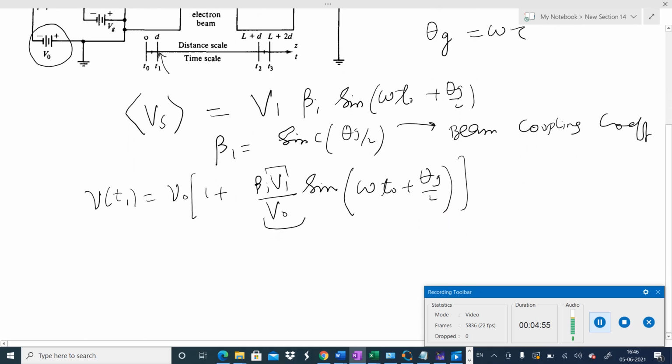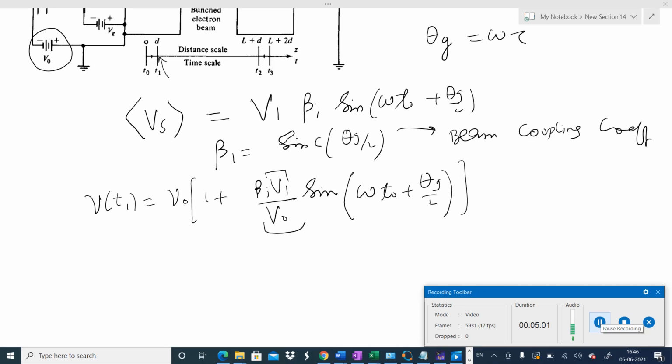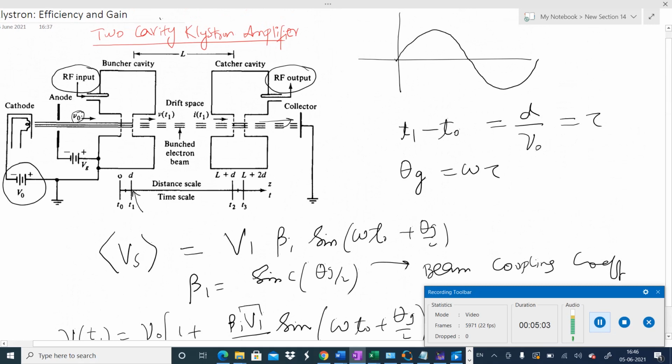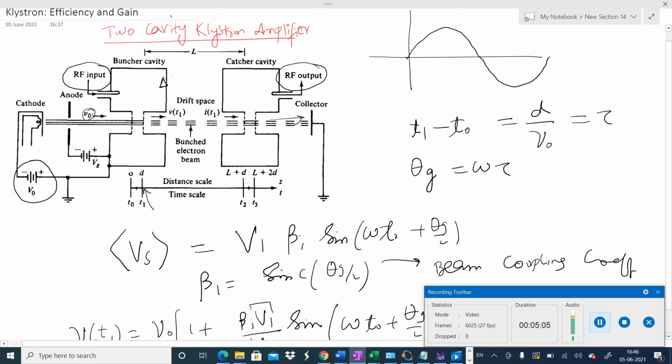Then we defined the bunching process, how the bunches are formed, and we found a very important relationship there. Suppose a bunch is formed at a distance delta L from the center of the buncher gap.